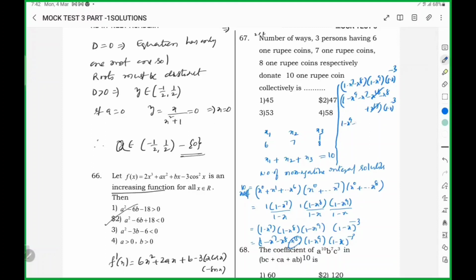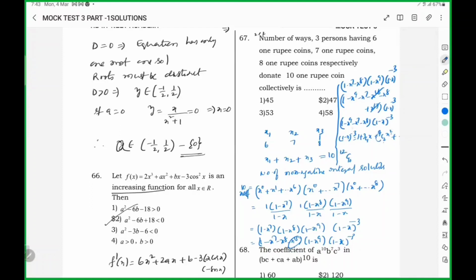Finally, what we have to find out is, in 1 minus x whole power minus 3, the x power 10 coefficient. 1 minus x whole cube expands as x square c2, 4c2, like this. So for 1, we require x power 10, which is c10.